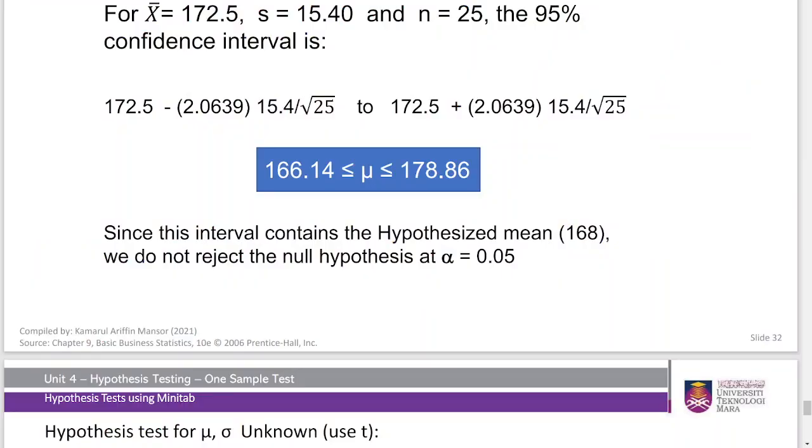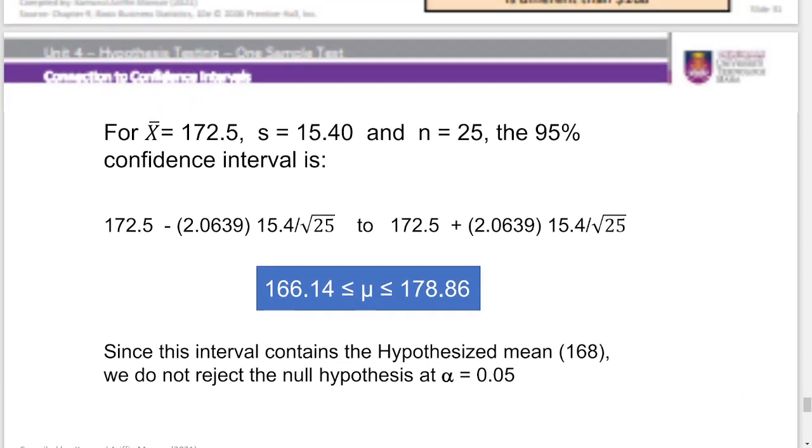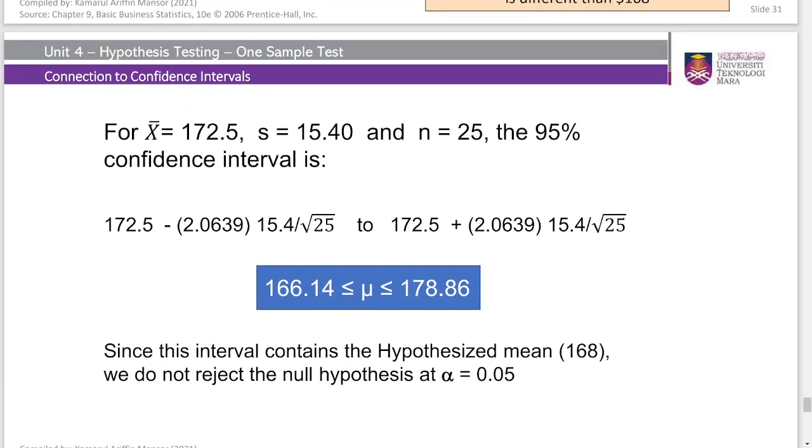Okay, another way of testing the hypothesis is by using the confidence interval. You can also calculate the confidence interval based on the information that you have previously. This is just simply taking the upper and lower limit of the confidence interval. What is the formula?